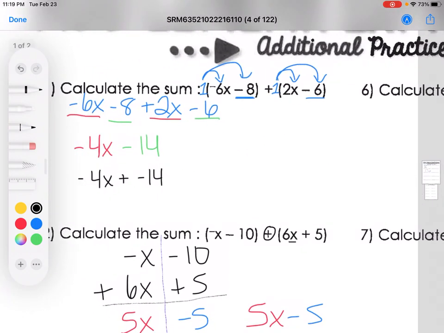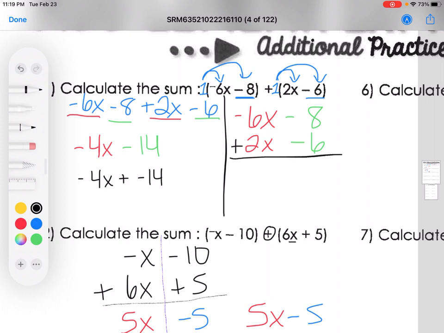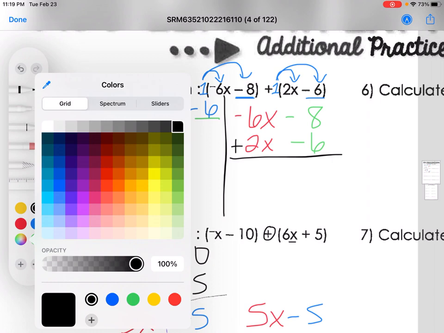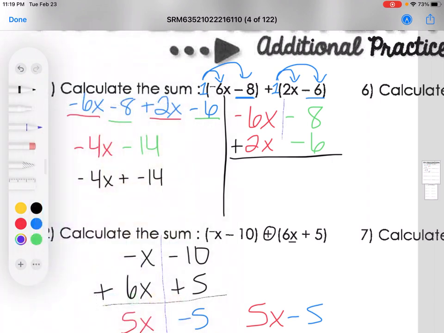So I'm going to work this one up here using the other method just to compare. So I have negative 6x minus 8. And then in my second group of terms, I had positive 2x and negative 6. So I want to add those. And I like to keep mine separate so that I don't get them confused.